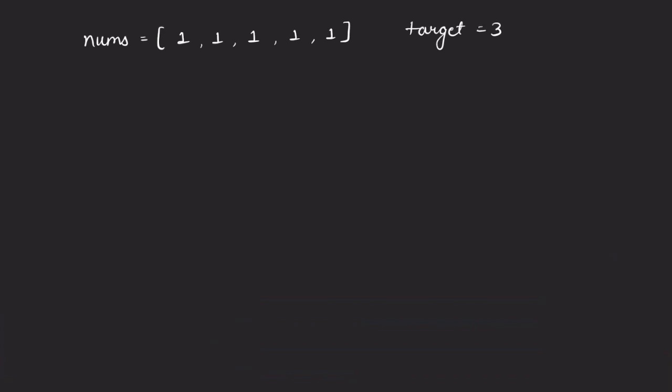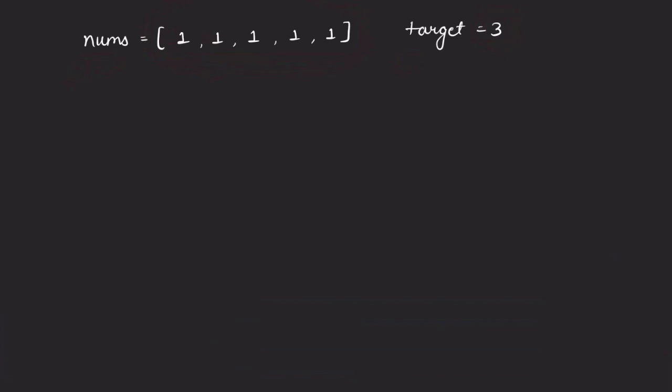So what they are saying is that in the input, we are given an integer array nums and an integer target. Now, in this nums, we can add a plus or a minus before a number, right? So some numbers will remain positive and some will become negative. By concatenation, they mean that if I sum up all these values, the positive and the negative numbers together, then whatever the sum is, it should be equal to the target.